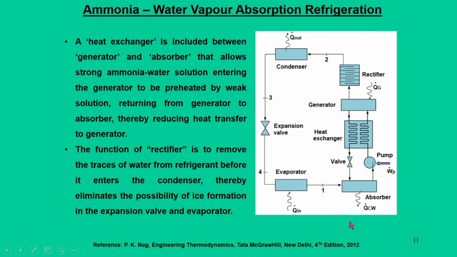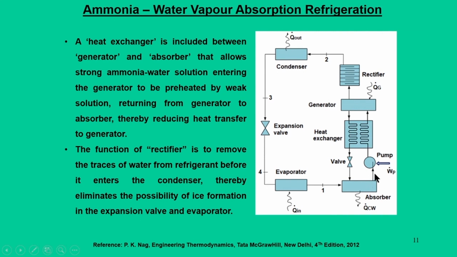The entire idea is that when heat is released, let us say in the absorber, how are you going to utilize this heat? The weak solution that comes from the generator to the absorber has a lot of heat. This heat is utilized to heat the pumped strong solution, so that is the heat exchanger.